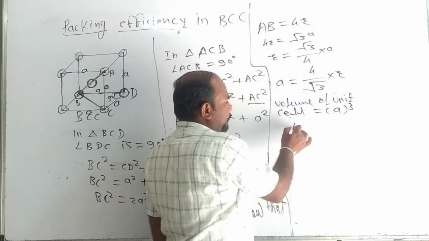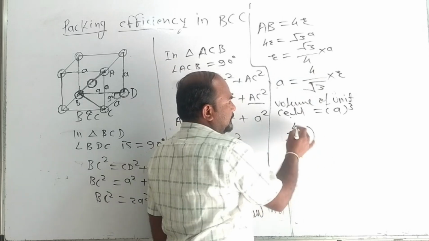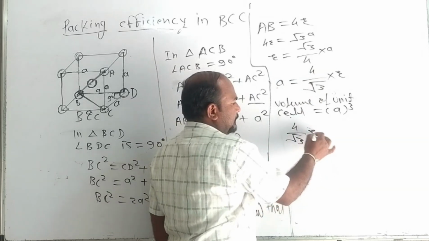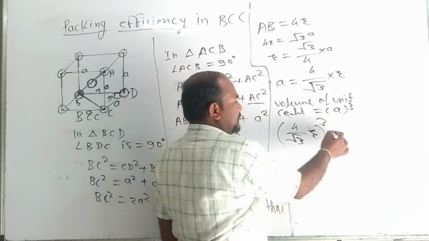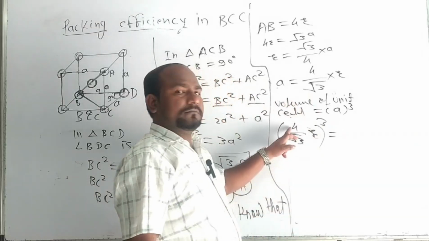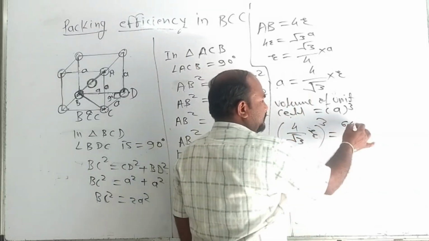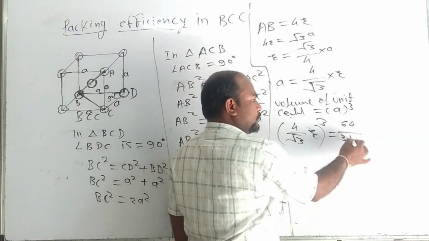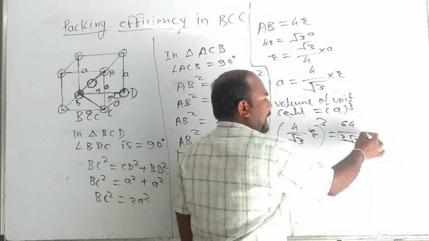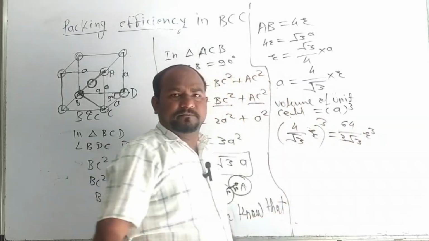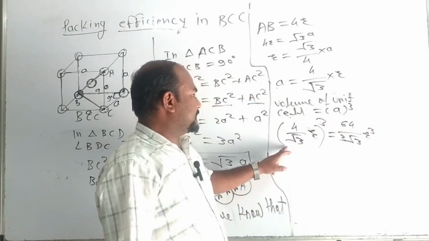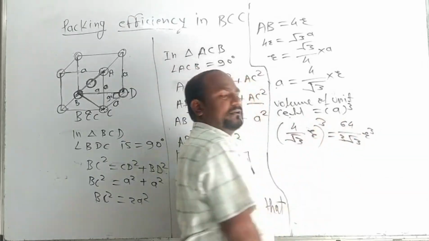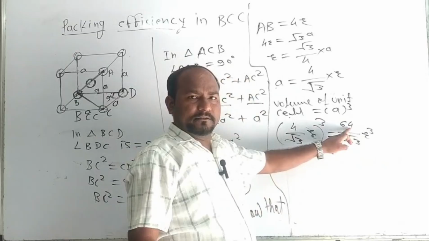A cube will be 4 by root 3 into R whole cube. So what is the cube of 4? It is 64. What is the cube of root 3? 3 into root 3, and this will be R cube. Now this is the equation for total volume of unit cell.